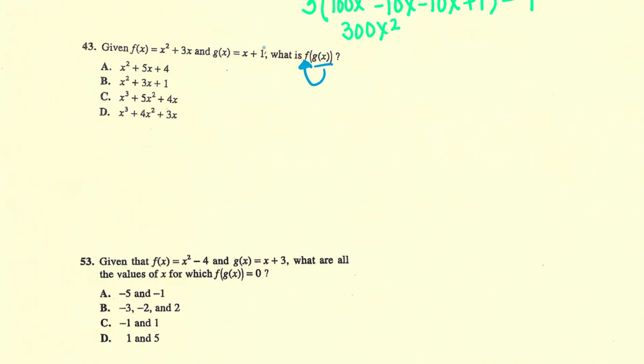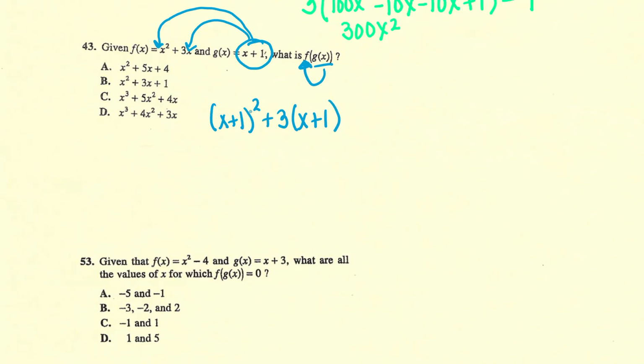So take your entire g of x function and let's go put it where the x's are. So I will have x plus 1 squared plus 3 times x plus 1. Here's another twin. So x plus 1 squared means write it out twice. You have two of them. So x plus 1 times x plus 1.